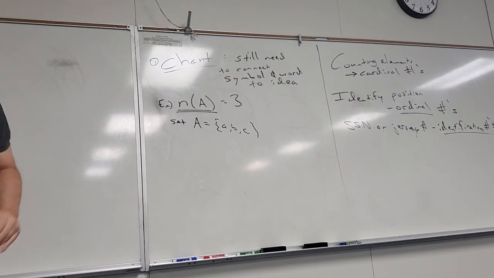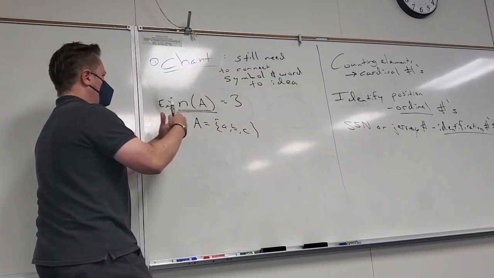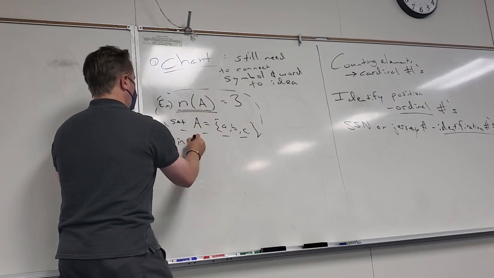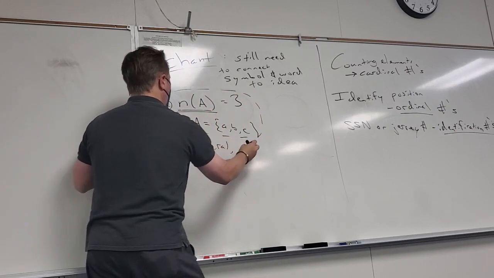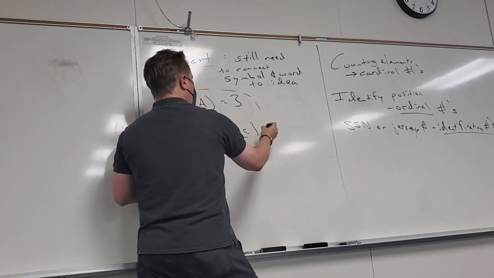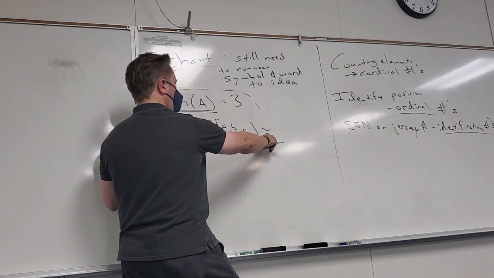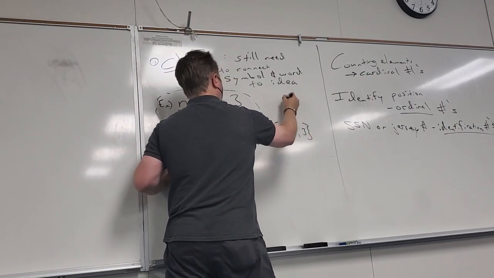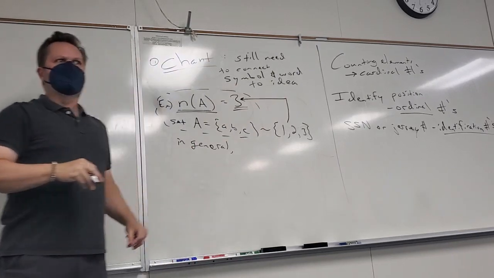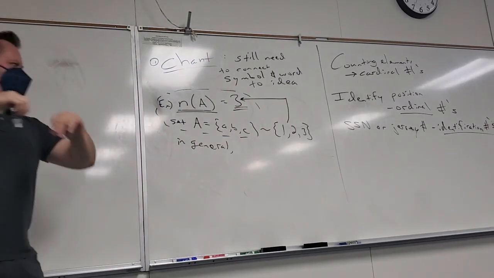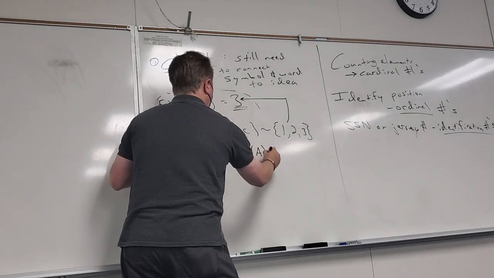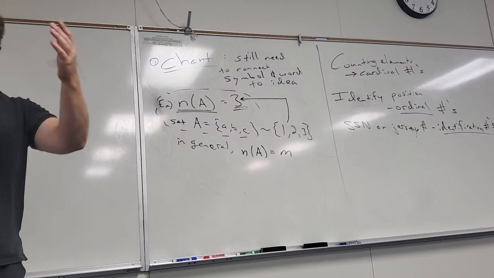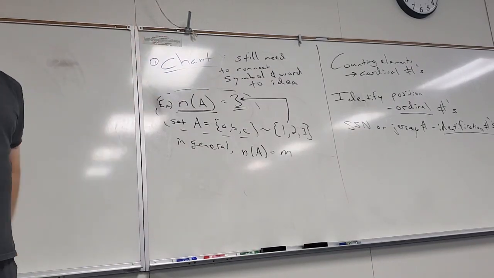Let me put those two ideas together. This is an example, but in general. By the way, before I go too far, remember this symbol, equivalent to the set {1, 2, 3}, which kind of enforces this. So it makes sense. In general, the number of things in a set is some number M, 0, 1, 2, 3, whatever.